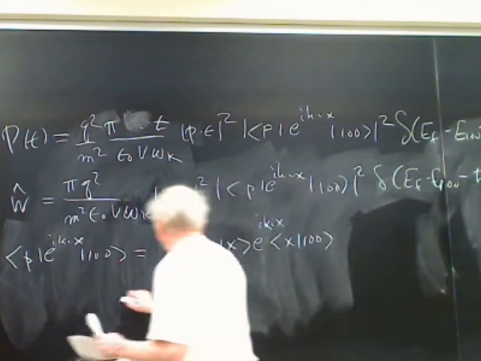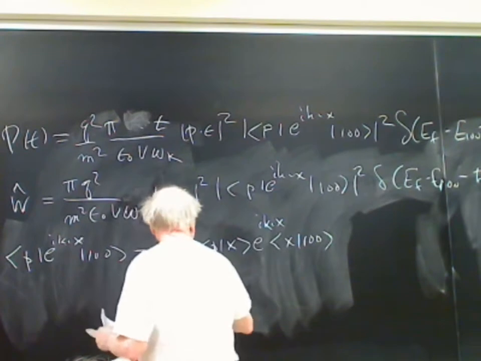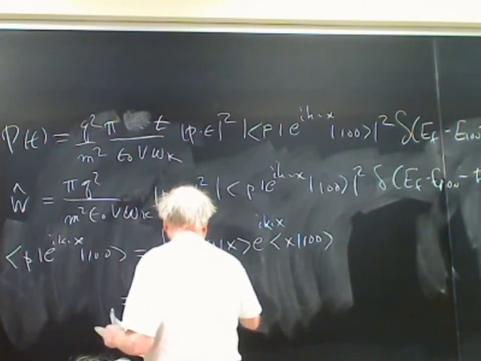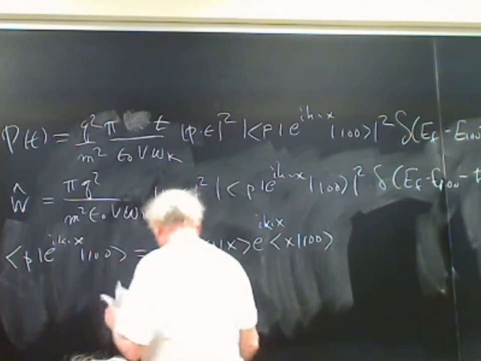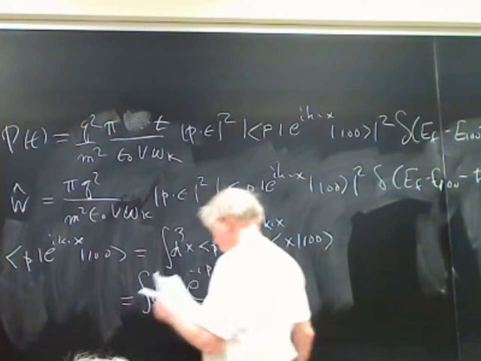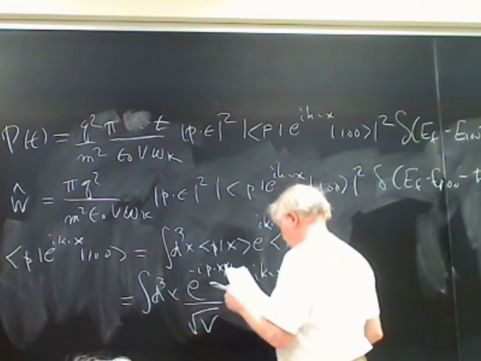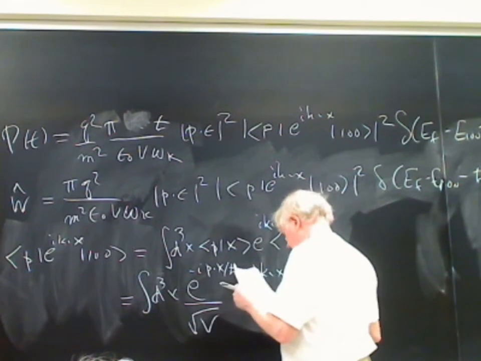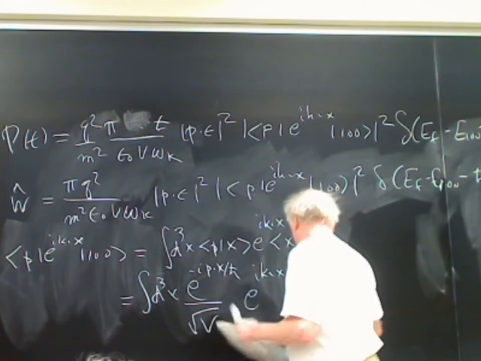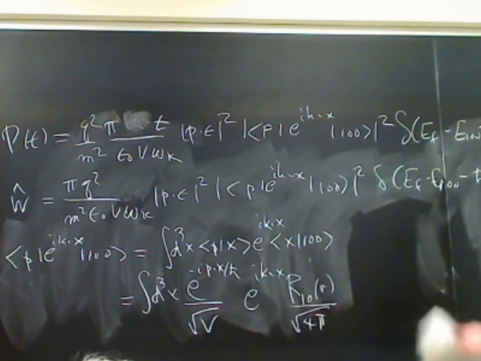So this is equal to the integral d cubed x e^{-ip·x/ħ} over the square root of V, e^{ik·x}, and then what's left is R_10(r) over the square root of 4π. That's the ground state hydrogen atom wave function.